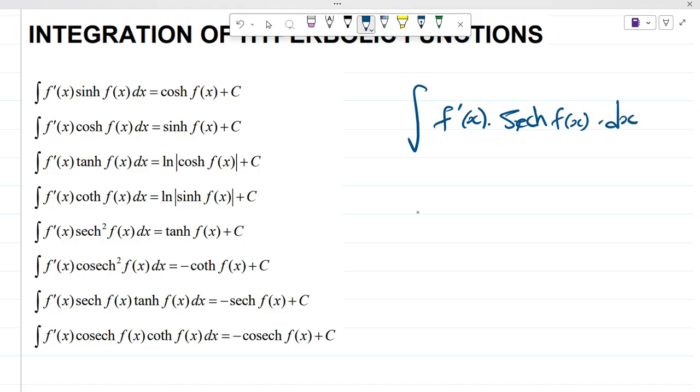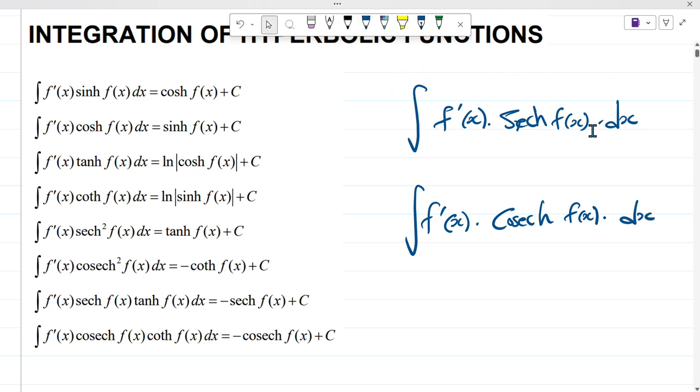You understand? Also, there is no rule for integrating this one, hyperbolic cosec. So if we have cosec of f of x dx, there is no direct rule for you to integrate this one as well as this one.